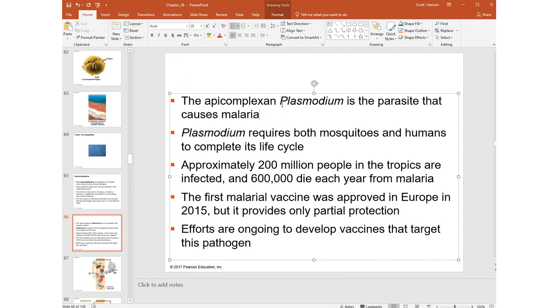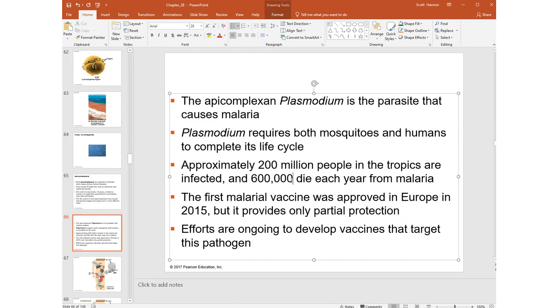All of them are parasites that cause malaria, either in humans or animals. Plasmodium requires both mosquitoes and humans to complete the whole life cycle. About 200 million people worldwide, mostly in the tropics, are infected at any one time, and about 600,000 people die every year of malaria.